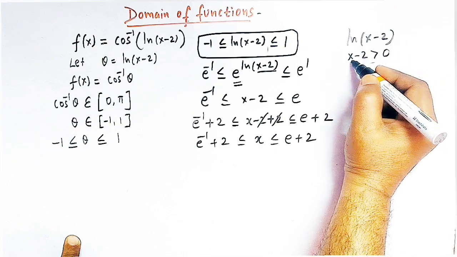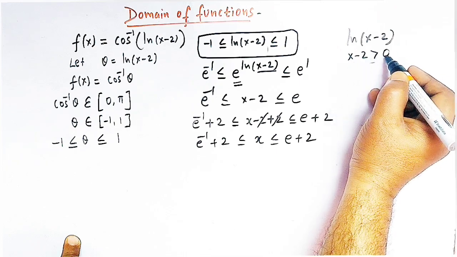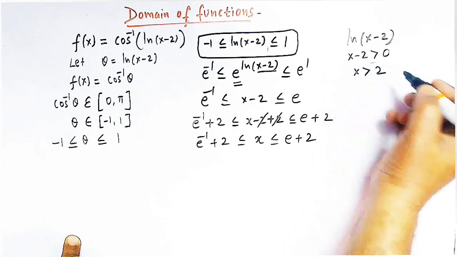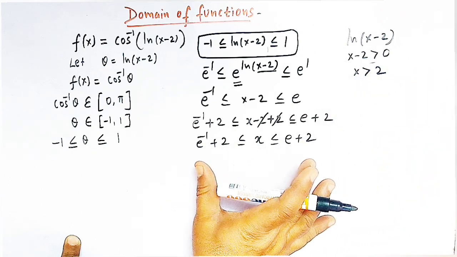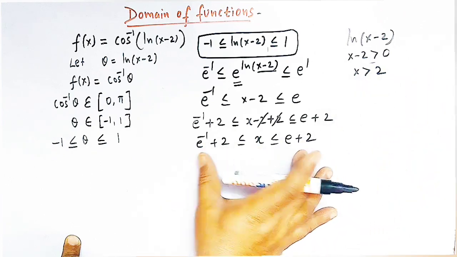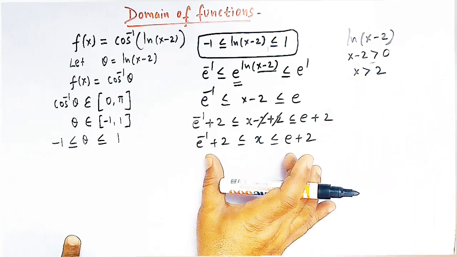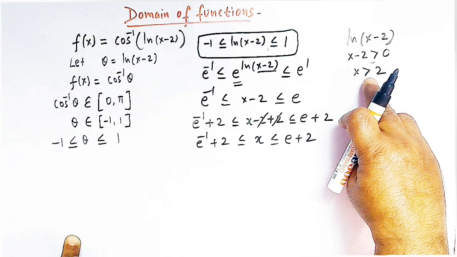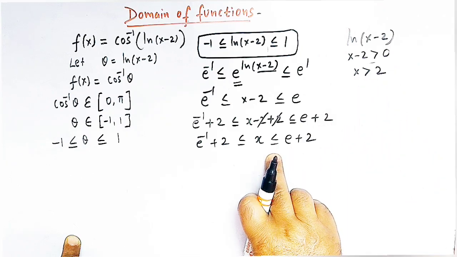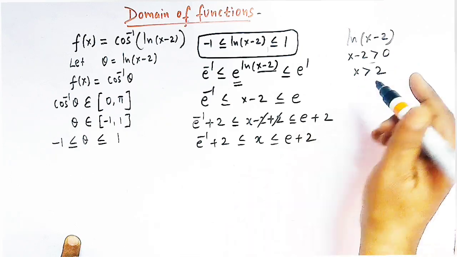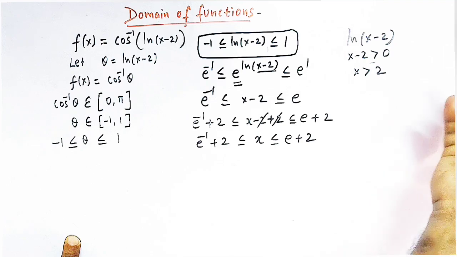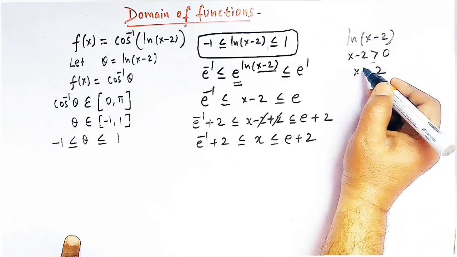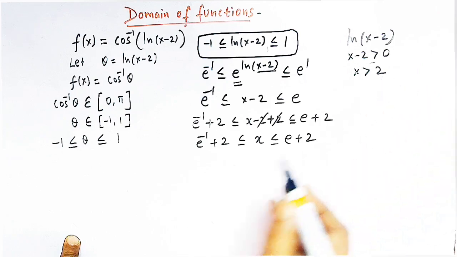So we must have x minus 2 greater than 0, that is x should be greater than 2. So we have to now merge this inequality with this one, that is we have to identify the common region between this inequality and this inequality, right? So here natural log of x minus 2 is defined when x minus 2 is greater than 0, that is x is greater than 2.